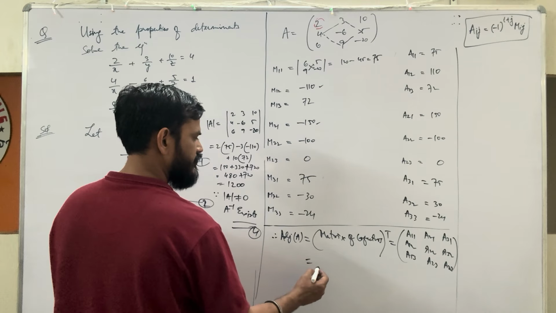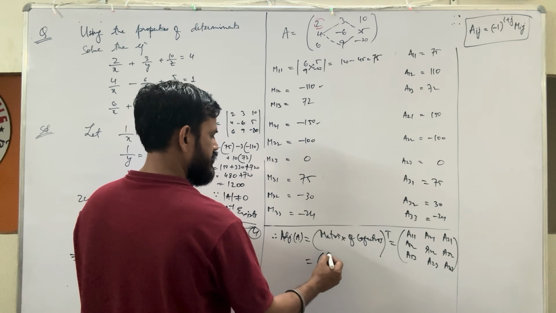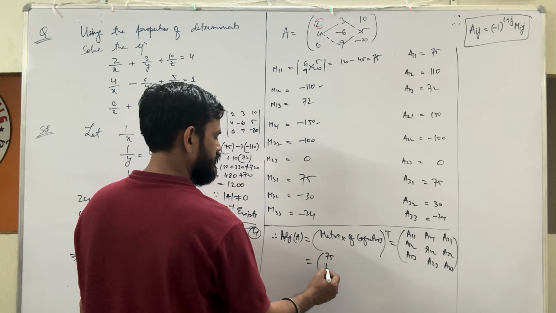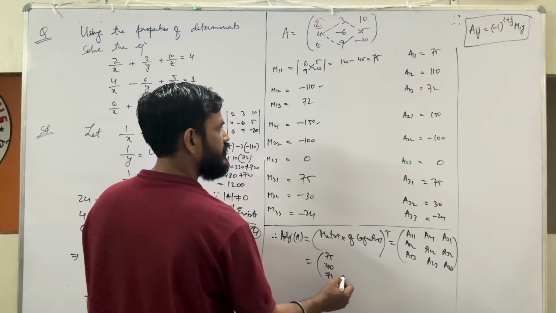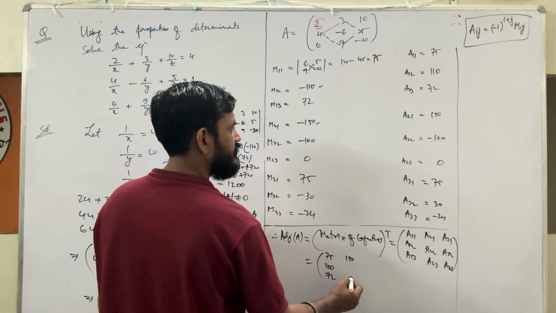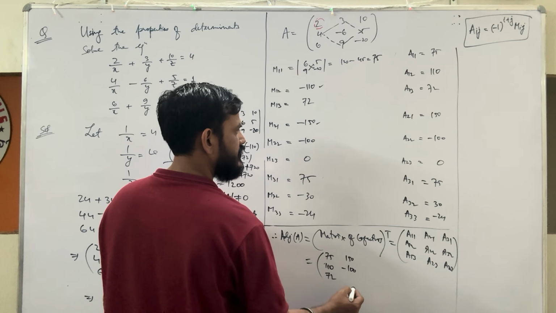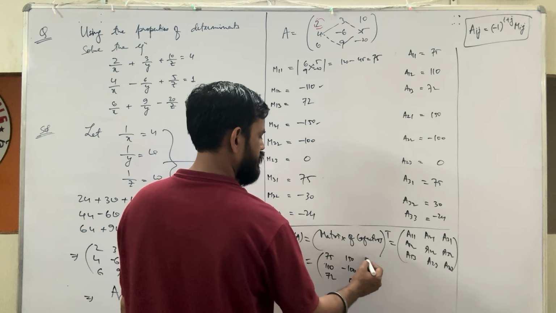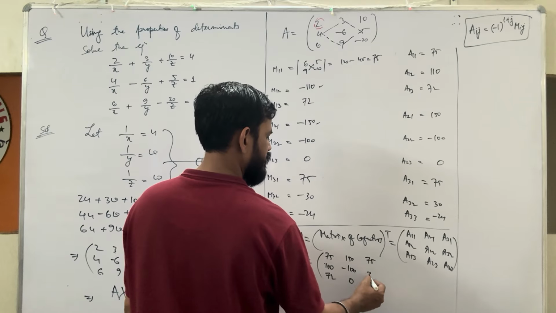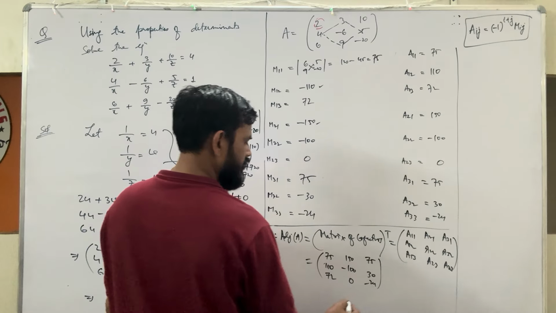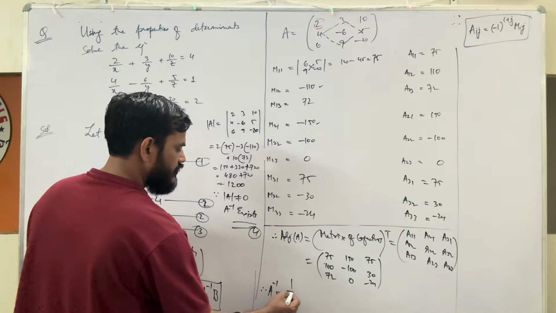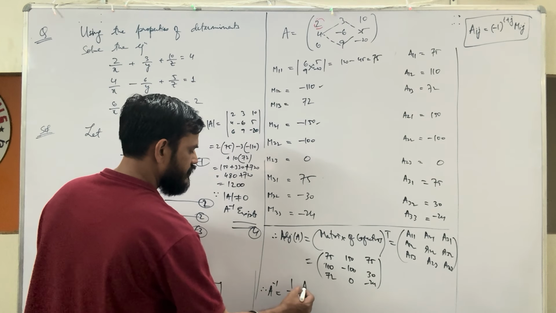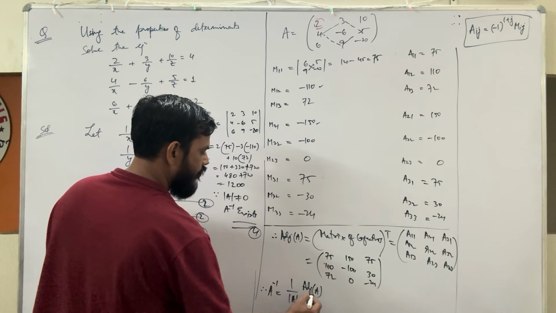So our adjoint of A becomes 75, 110, 72, 150 minus 100, 0, 75, 30 minus 24. Now A inverse is 1 by determinant of A into adjoint of A.